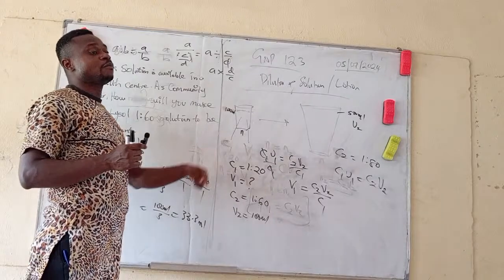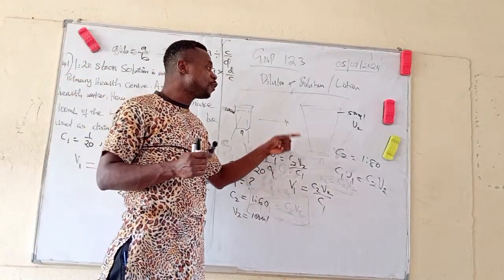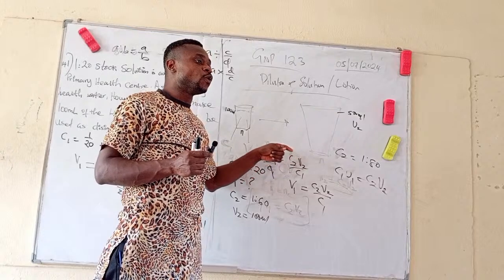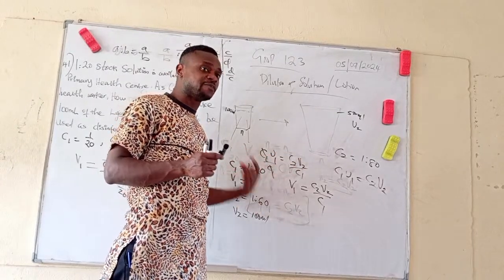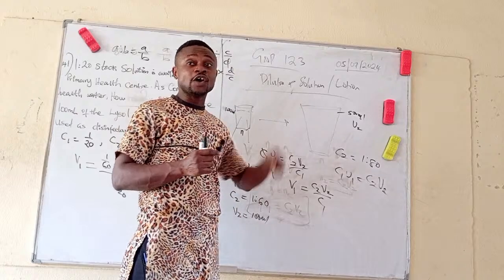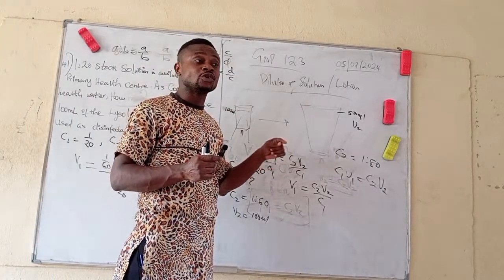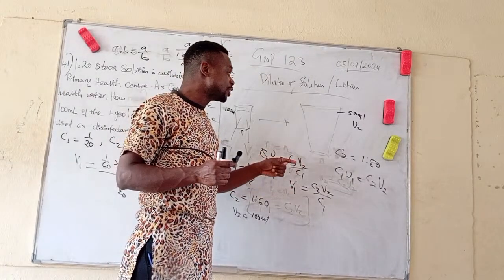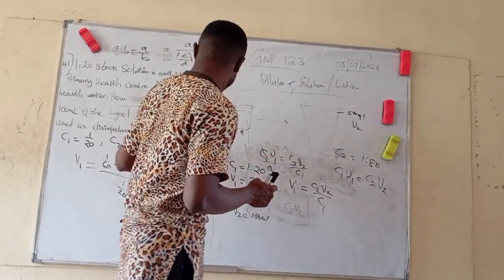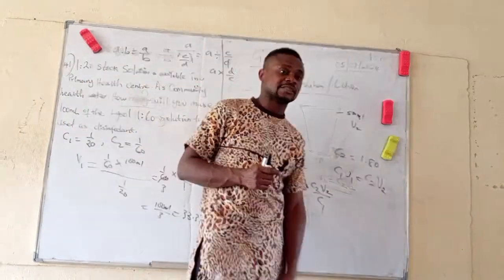What volume of a dilute solution with a concentration of 1:60 can be prepared from it?